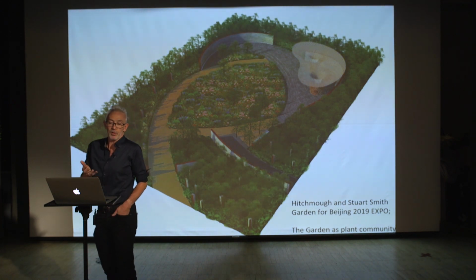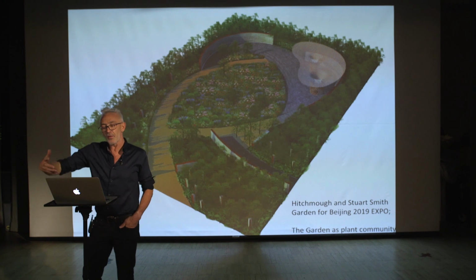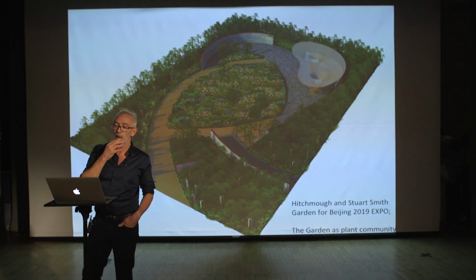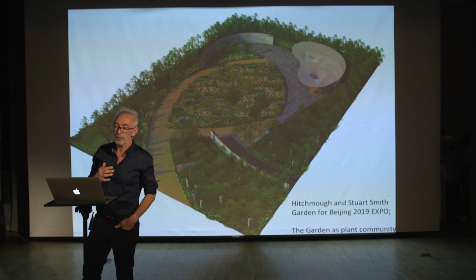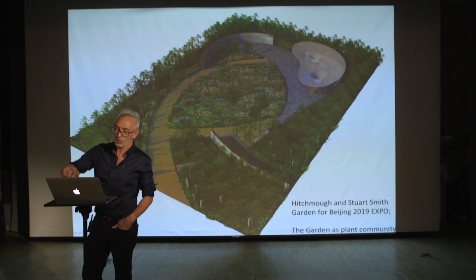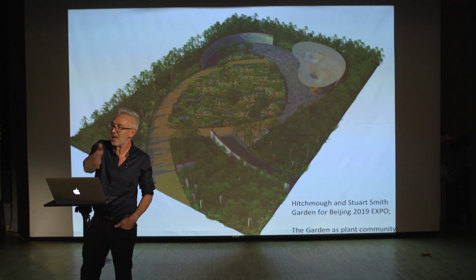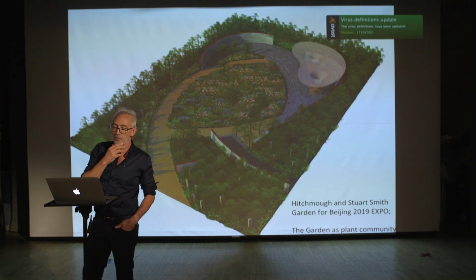This landscape consists of about 4 plant communities. It has a woodland, a woodland understory, woodland edges, and wet swales around the edges of the path, so all the water goes off the path and is drained locally through the profile.